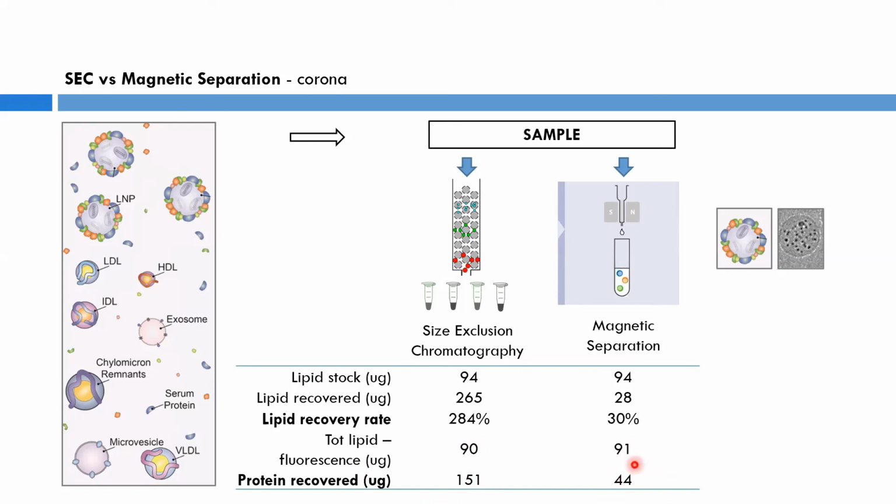And this means that when we analyze this sample by mass spectrometry, for example, the amount of protein that we get is 3 times higher than the one that should be. So 2/3 of these proteins are probably coming from all these proteins and lipoproteins present in the serum, and therefore they will interfere with our analysis.